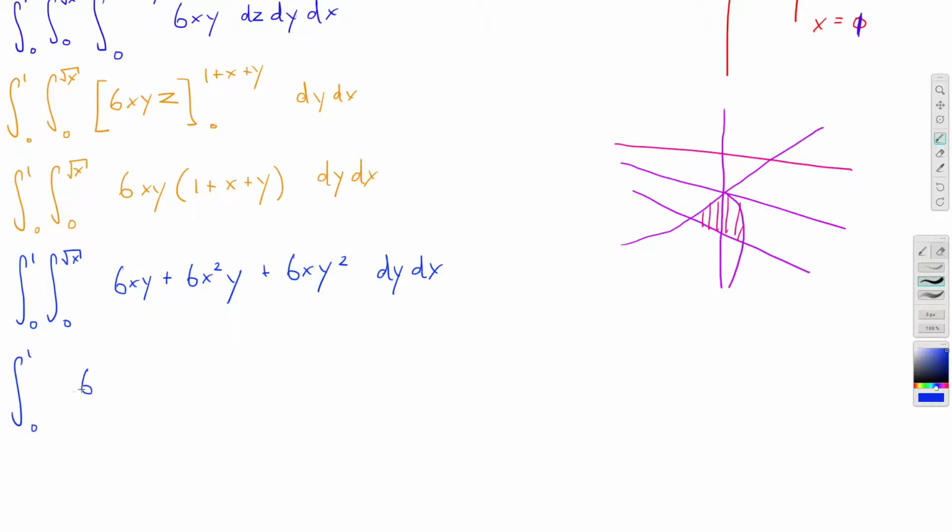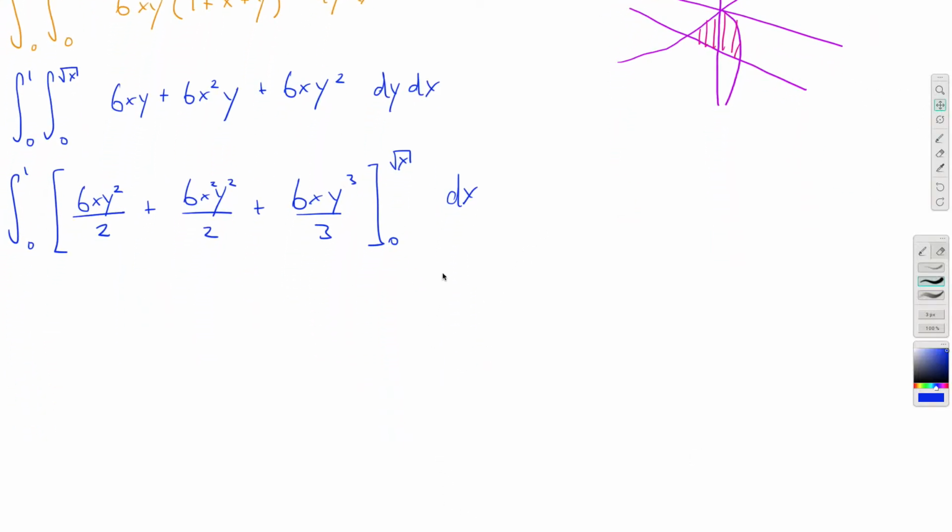So we're going to get 6xy squared over 2 plus 6x squared y squared over 2 plus 6xy cubed over 3, between the square root of x and 0, dx.